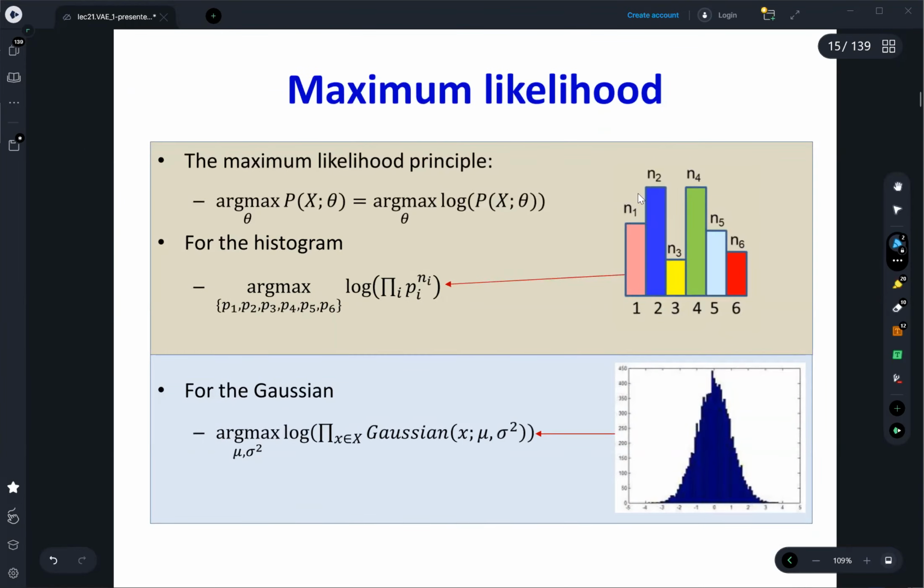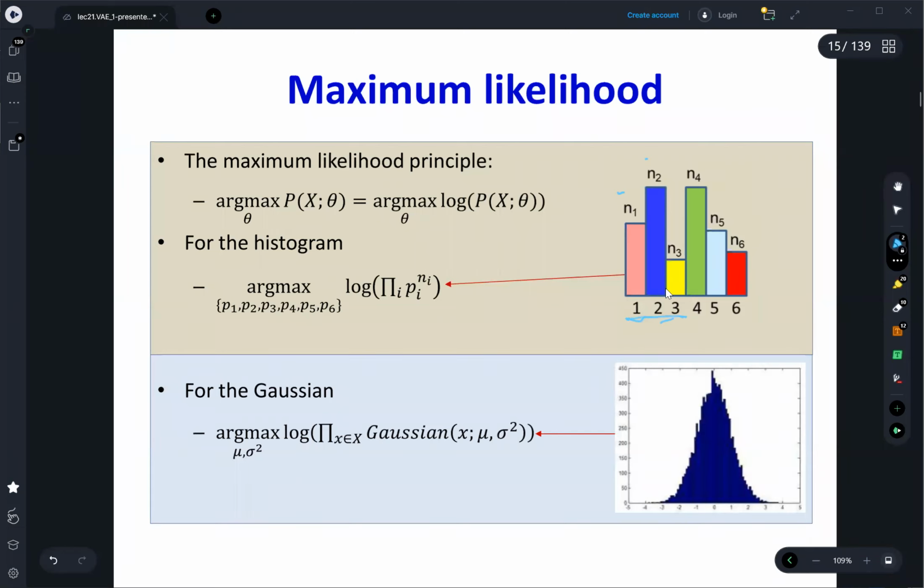If I consider all of these outcomes and consider the total probability of this particular data, then we know that outcome 1 occurred n1 times, 2 occurred n2 times, 3 occurred n3 times, and so on.